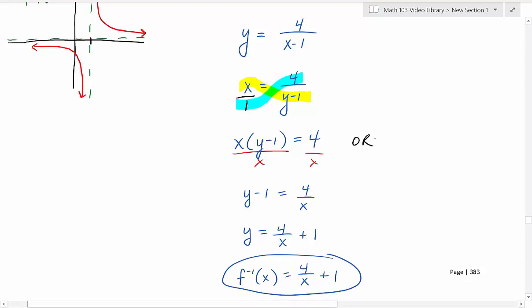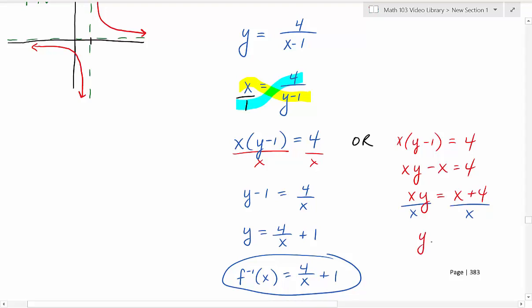Our other option for solving would have been to distribute the x. That'll give us xy minus x equals 4. Solving for y, we can add x to both sides and then divide both sides by x.